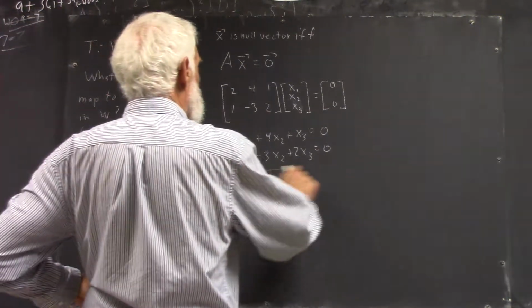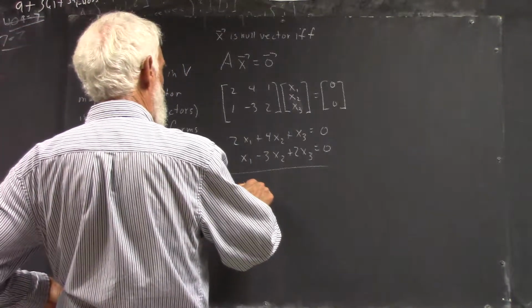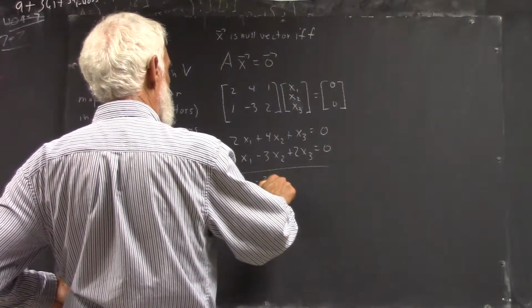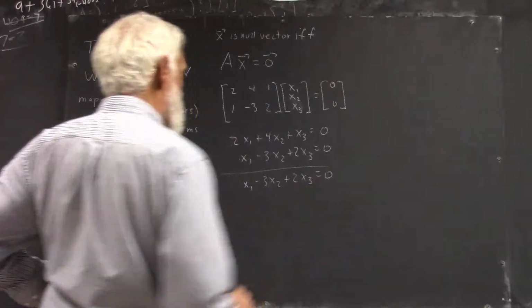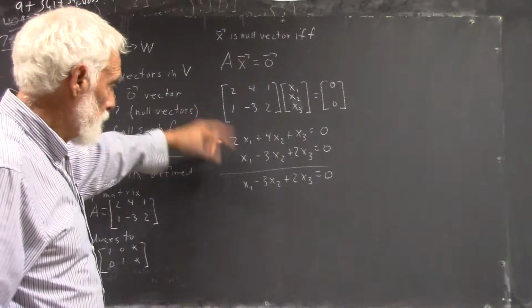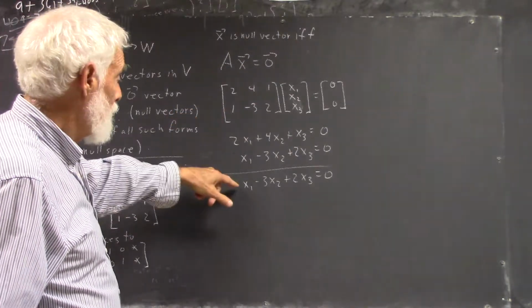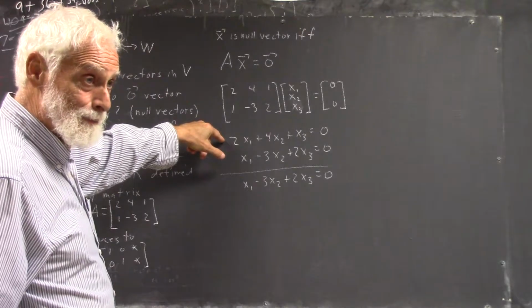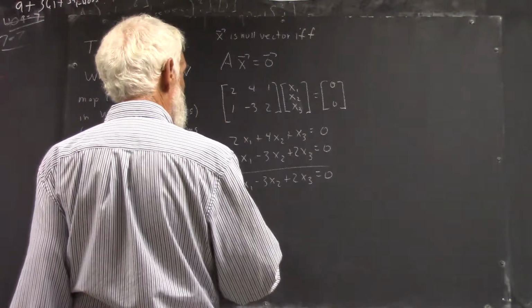Now that reduces to this. I just switched, so the second is now the first. And then I add -2 times this to this, which gives me 0.